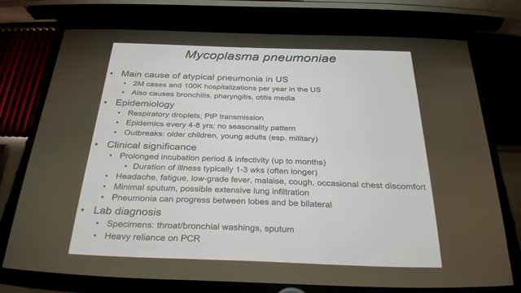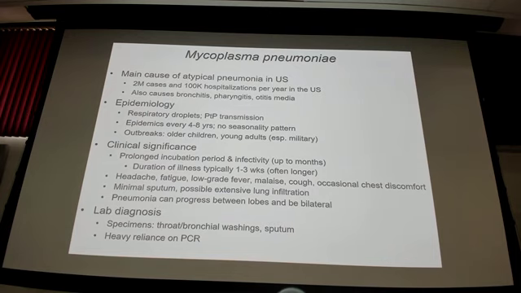Okay, in terms of clinical significance, very similar to Chlamydia pneumoniae. Also very long illnesses, 1 to 3 weeks, sometimes even longer. Some of these symptoms are perhaps helpful, but probably not helpful enough to make a correct diagnosis.